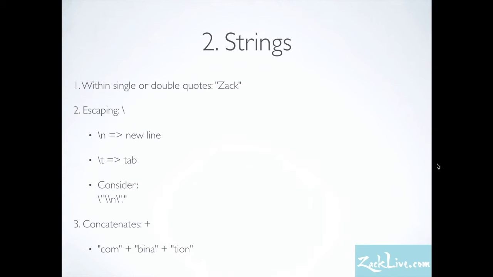The second type we are going to talk about is strings. Strings in JavaScript are presented with quotes. You can use single or double quotes for a string. Like in this example, I put my name Zach in double quotes, so that will be a string.